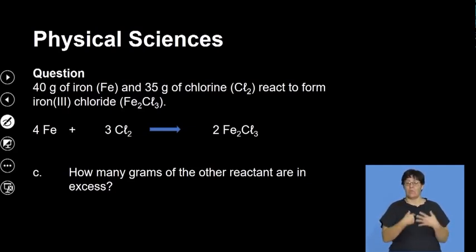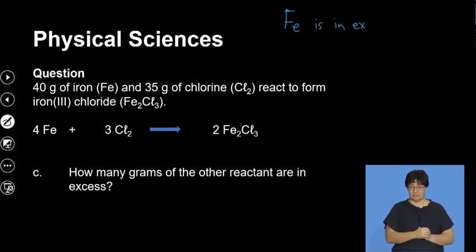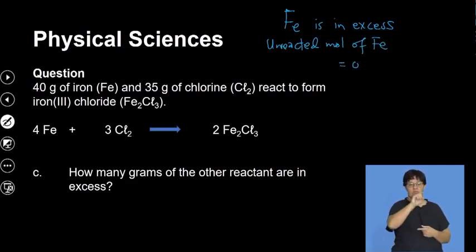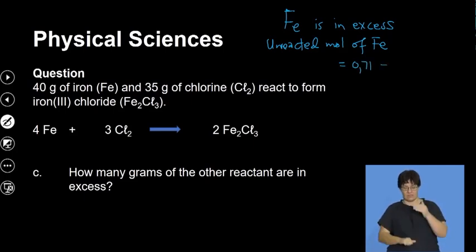Because iron is in excess, not all the iron actually reacts. So the remaining unreacted moles of iron is equal to what we started with, 0.71, less 0.65.